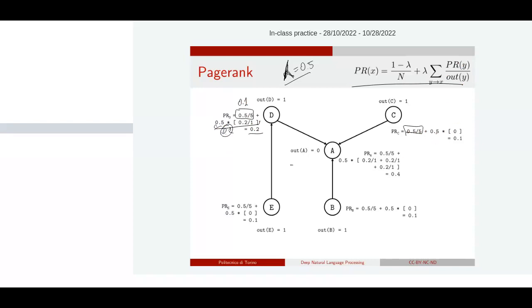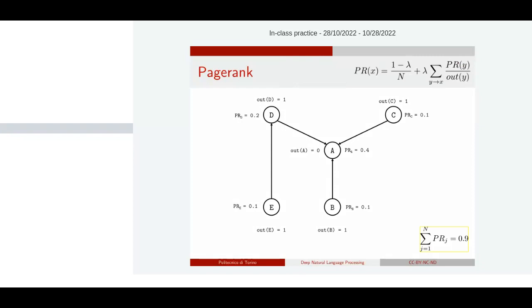And so the PageRank is 0.1, because it's computed as only 0.5 divided by 5. And so on, I can do this for each node. For example, for A, I have 0.4. You can see that 0.4 is more than all the others because it's referenced by a lot of web pages.